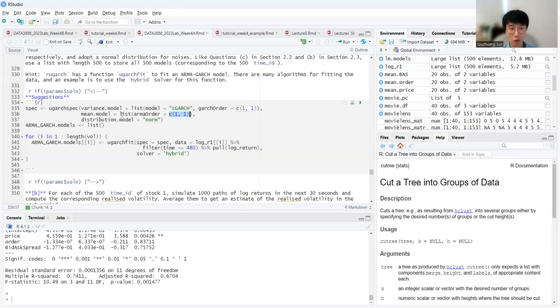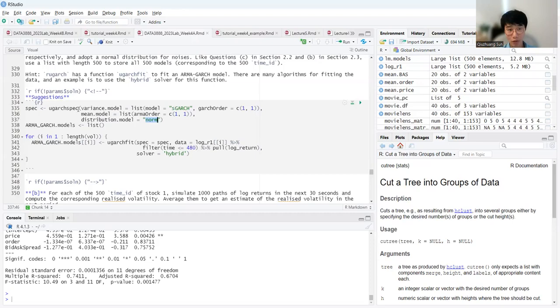And then I can say what the distribution of the noise is. Here I use maybe the most common one. I assume the data has normally distributed white noise. If your noise is very large, you can also specify a t distribution for the distribution model here.